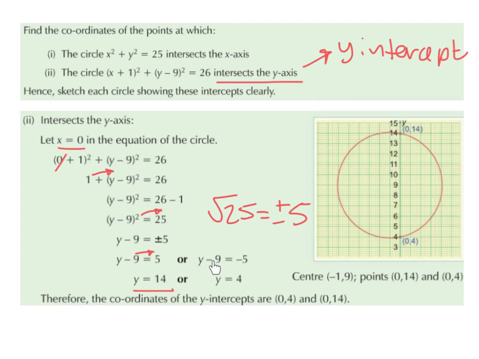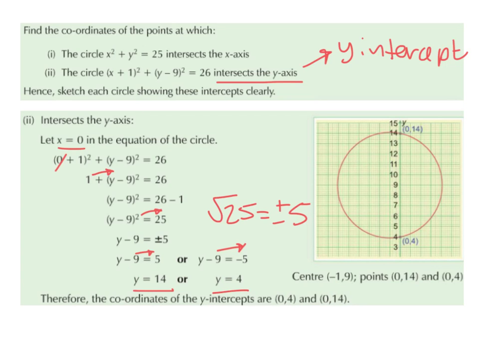Then we have y minus 9 equals minus 5. Again, we bring the minus 9 over the equal sign. It becomes plus 9, and 9 minus 5 is 4. So y is equal to 4. Therefore, the coordinates of the y-intercepts are 0, 4 and 0, 14.